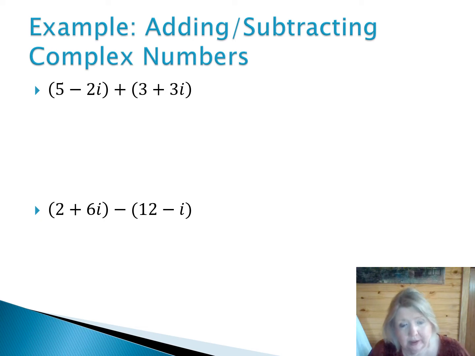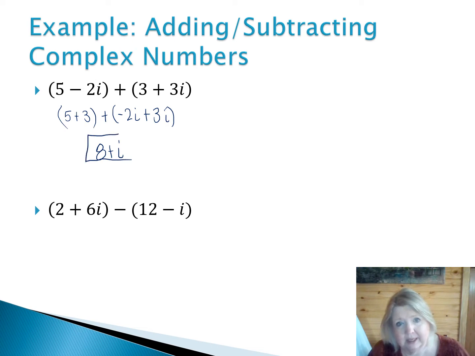So I'm going to say the real part, 5 plus 3, plus the imaginary parts. That was a minus 2i, so I'm going to look at it as a negative 2i, plus a positive 3i. And then my answer for adding those is just 8 plus i, because -2 plus 3 is positive 1.